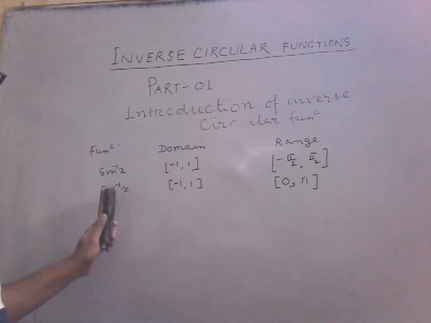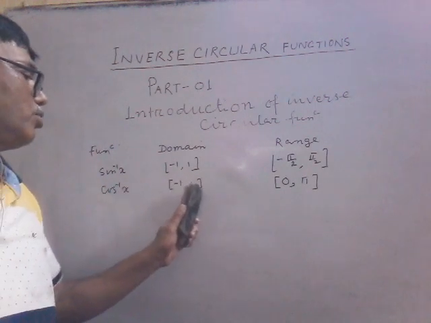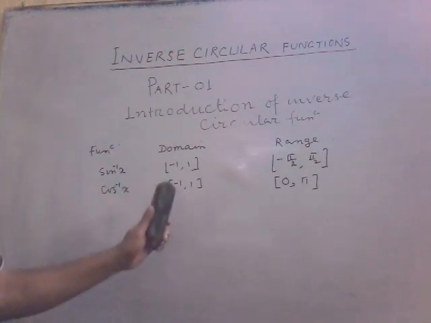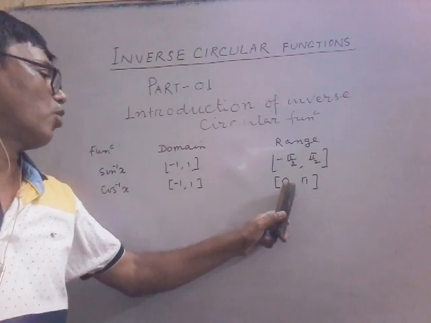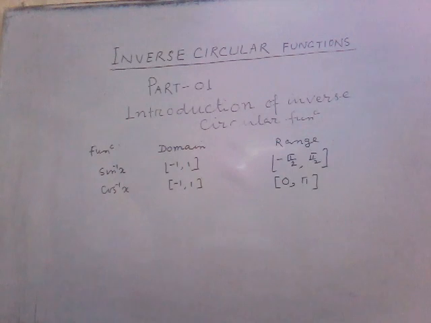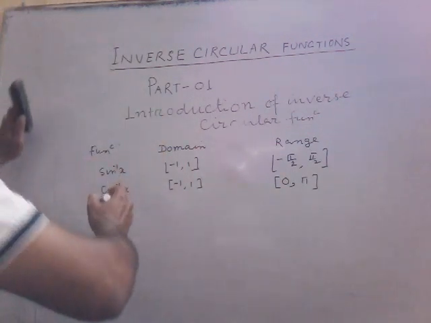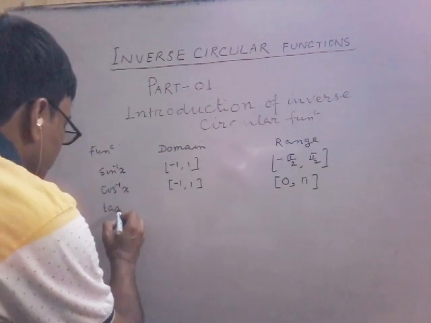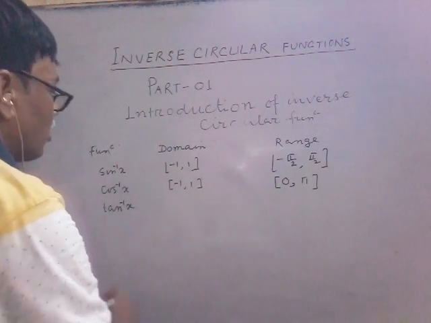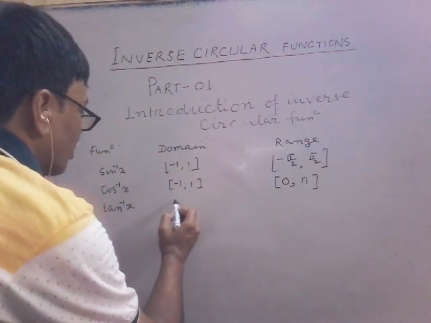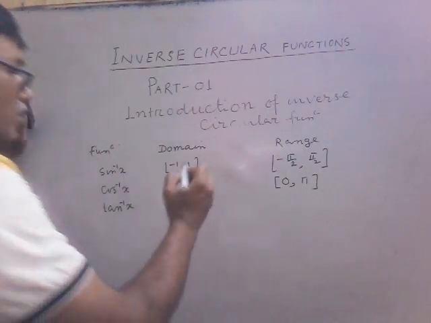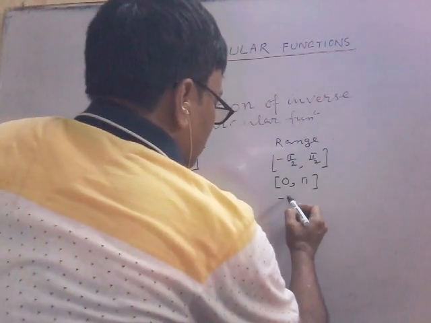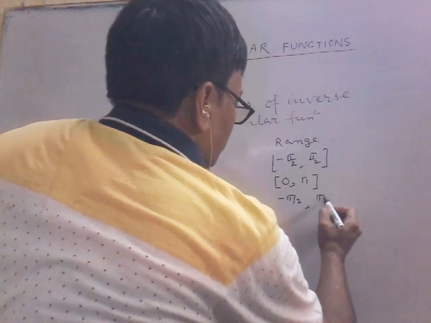Look, domain of cos inverse x is -1 to 1. Cos 0 is 1, cos pi is -1. Now tan inverse x. It is defined for all values, and range is -pi by 2 to +pi by 2.